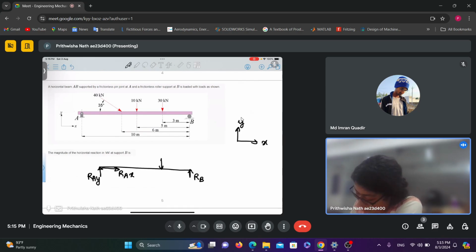Where it is 30 kilonewton, 10 kilonewton, this is 40 kilonewton, this angle is 35 degrees. This distance is 10 meter.